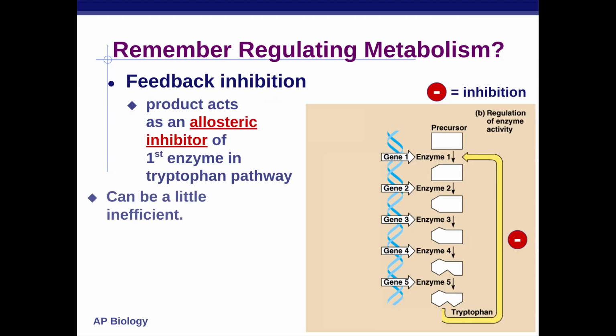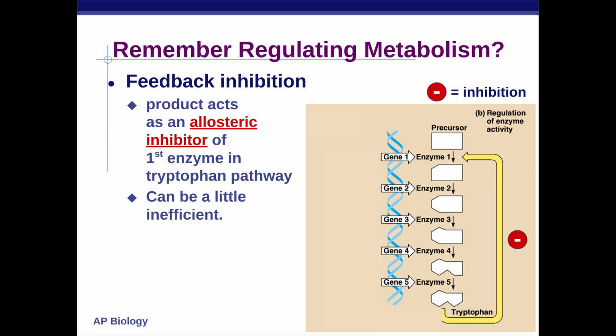So we already saw one of the ways that bacteria can regulate the quantity of their proteins. When we were studying enzymes, we saw how in the process of tryptophan production, the final product, which is tryptophan, can go back and inhibit one of the enzymes early on in the series of steps required in making the product.